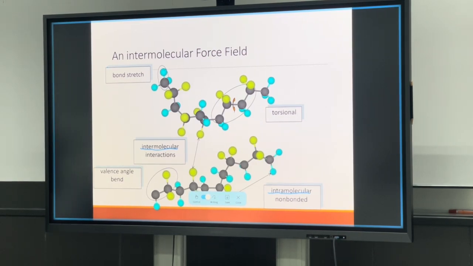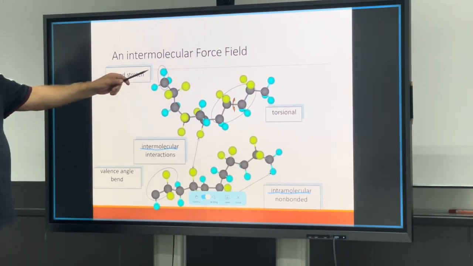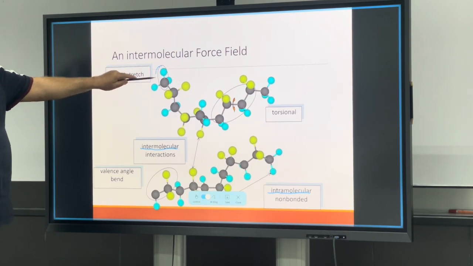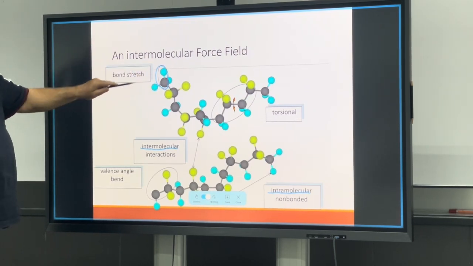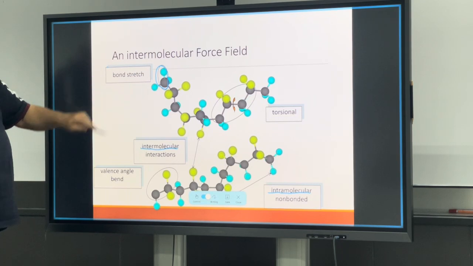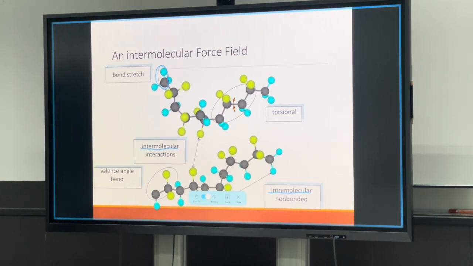And what do you have inside a molecule which contributes to the energy? Well, you have the energy that you need or that you get if you change the distance between chemically bonded atoms out from some equilibrium value.